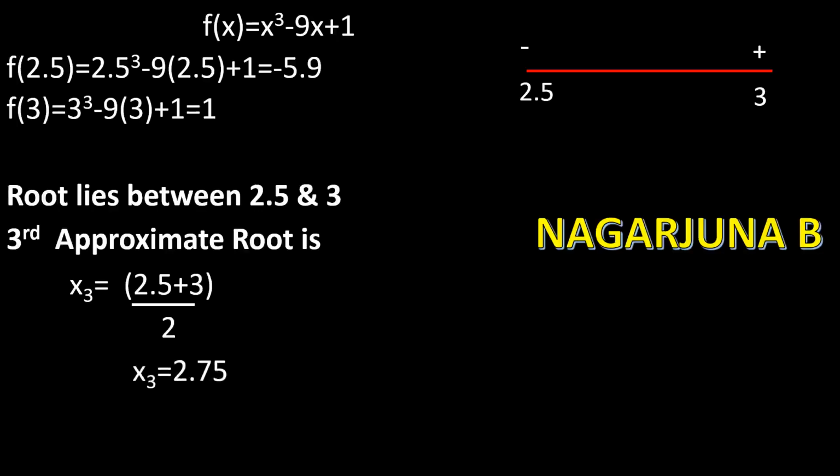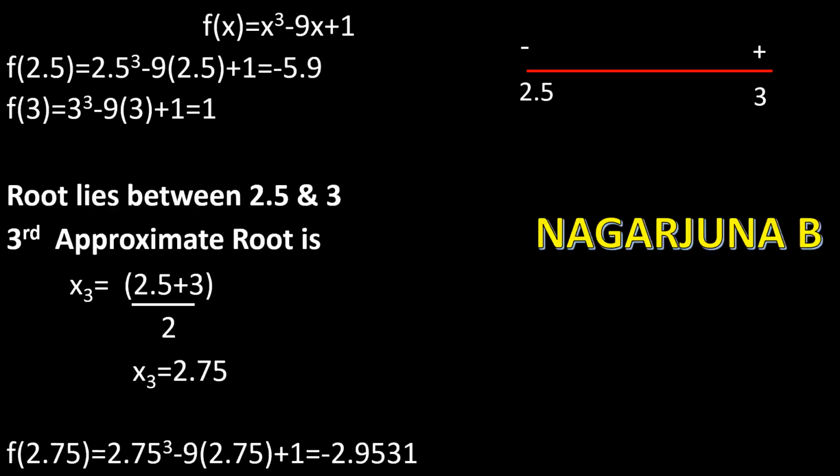Now we need to find f of 2.75, and it is equal to minus 2.9531. It is a negative value. So what we have done, we have found a root between 2.5 and 3, and that new root is 2.75, and when we have substituted it in the equation, that is f of 2.75, you have got minus 2.9531, which is a negative.